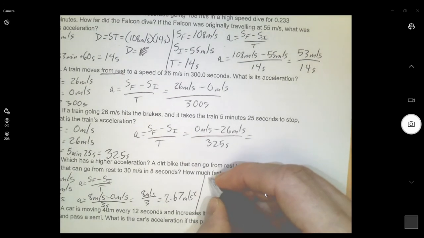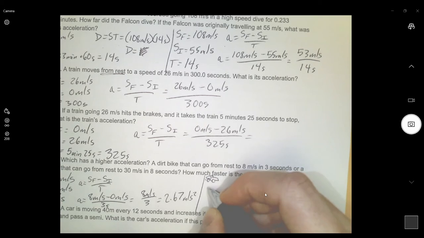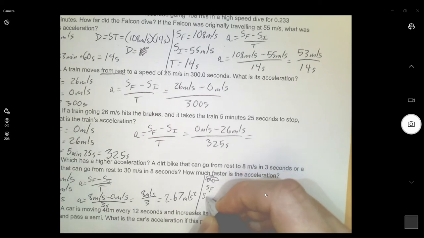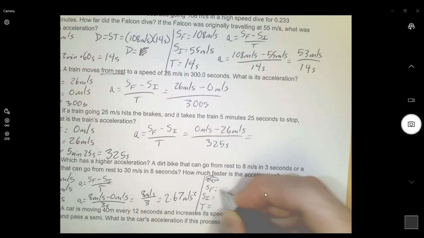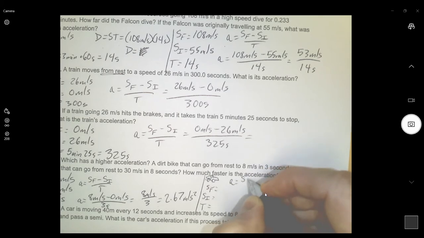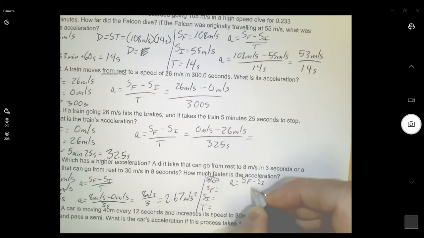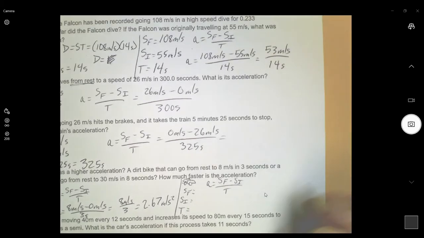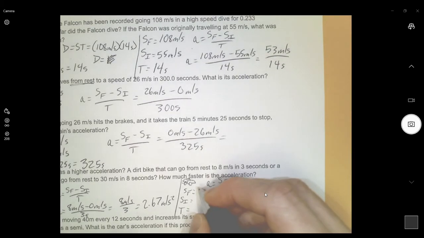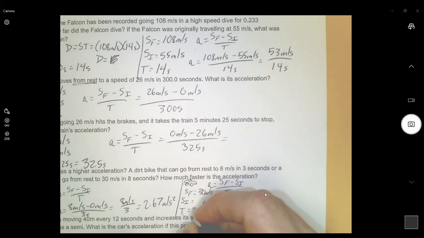Now for the car, little car, windows and a door. All right, so for the car, final speed minus initial speed over time. We're going to solve this one too, but then you have to subtract them to figure out exactly how much faster the acceleration is for one than the other.